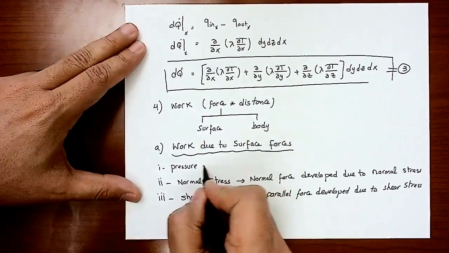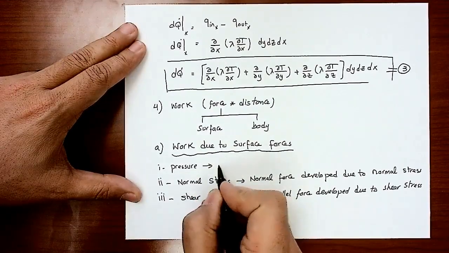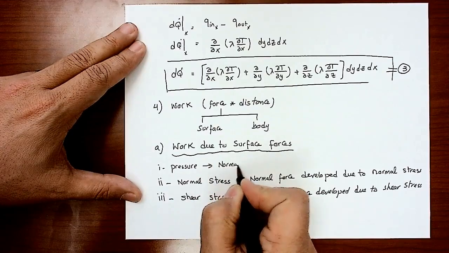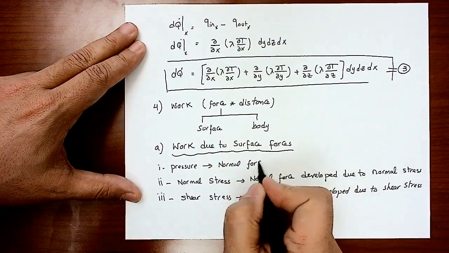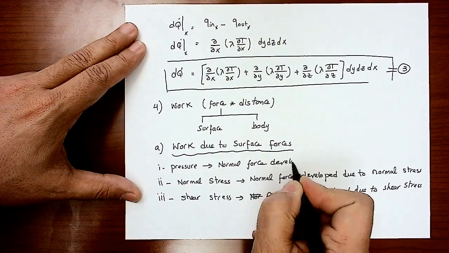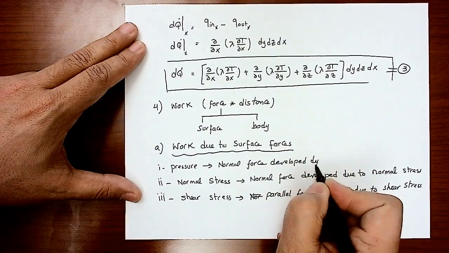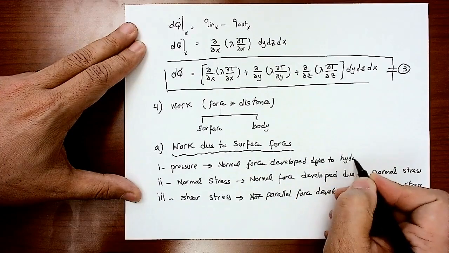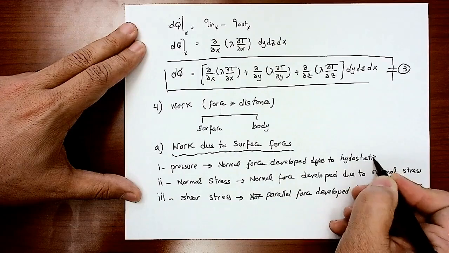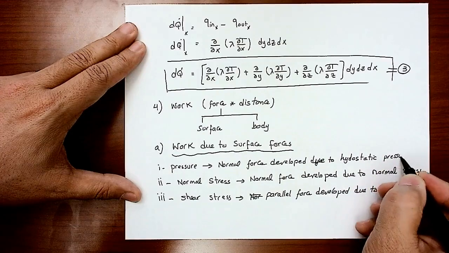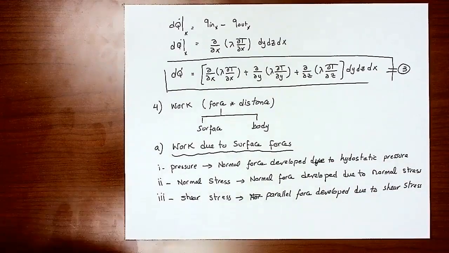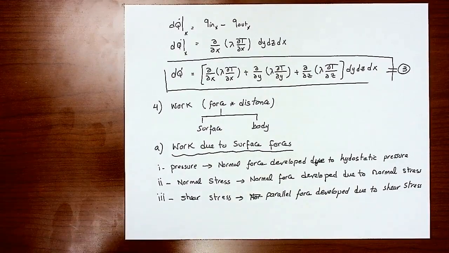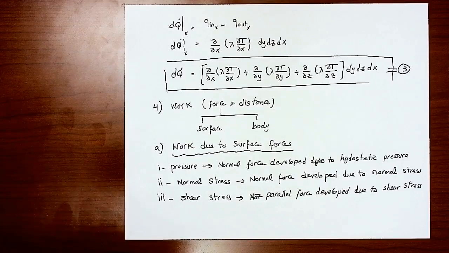So we would like to derive a formula for each one of the 3 here. That's pressure. So I would say this is normal forces, or force developed due to, I would say, hydrostatic pressure. If you pick that fluid element somewhere deep inside a fluid flow, the altitude or the depth of that fluid element will cause a hydrostatic force.